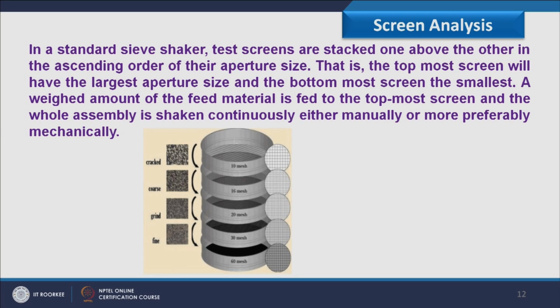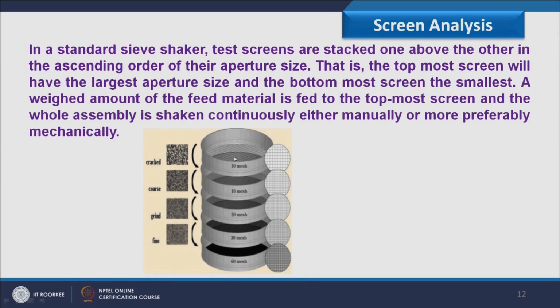So, therefore, the largest opening screen is placed at the top and the finest opening screen should be placed at the bottom. Now, below the finest opening screen we should place the pan, and over the largest opening screen we should place the cover. So, the cover, different sizes of screens and the pan will give the complete assembly of screen analysis.